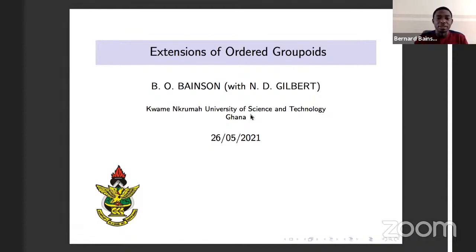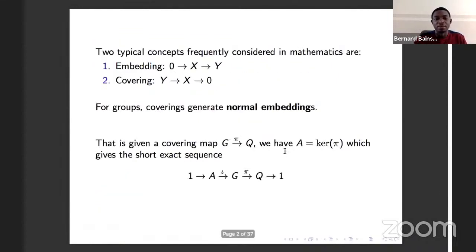Basically, in mathematics, most of the time we consider spaces, and we look at how we can move from one space into another space. In particular, we want to look at extending smaller spaces into bigger ones, and the ways in which we do it are many.